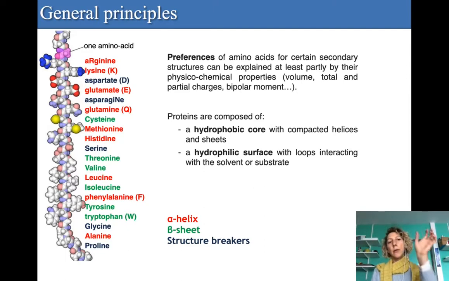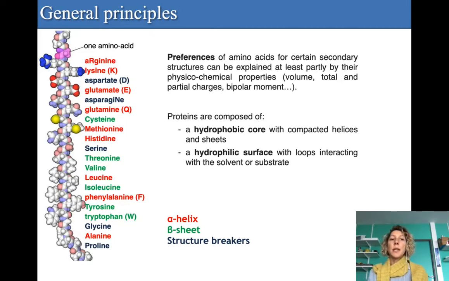You can see on the figure that the atoms are colored according to their charge or their polarity. For example, the first two amino acids are arginine and lysine, and they contain positively charged atoms, in particular nitrogen atoms.